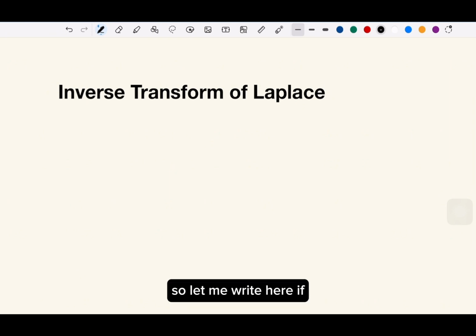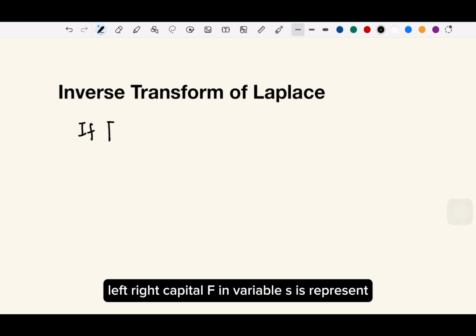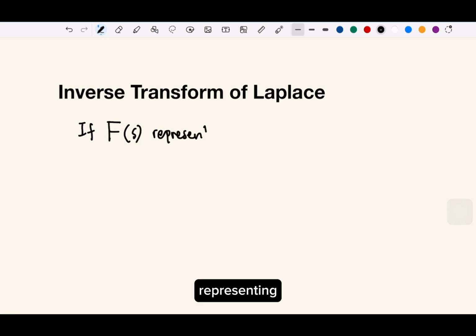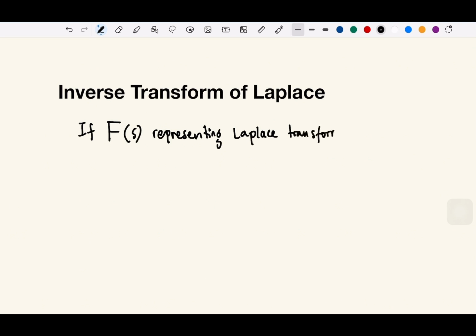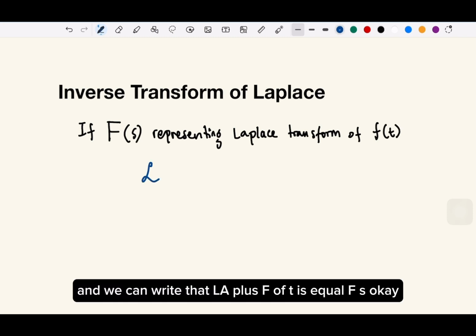Let me write here: if capital F in variable s represents the Laplace transform of a function of t, we can write that Laplace of f of t is equal to F of s.